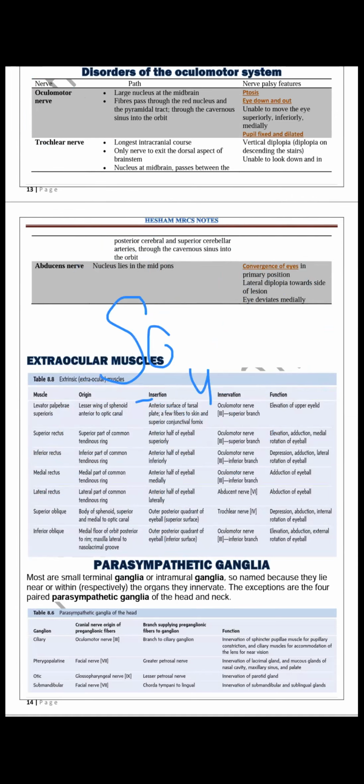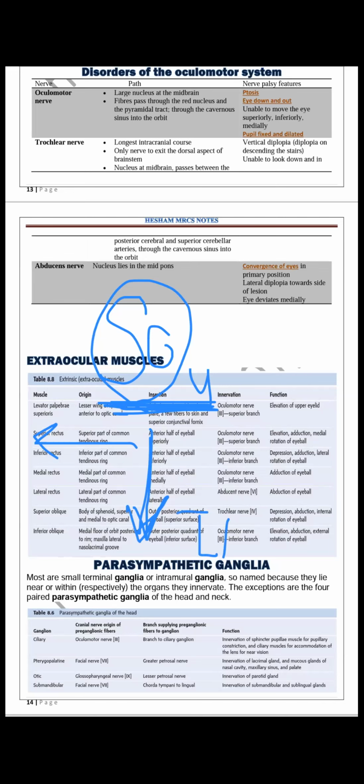SO4 is superior oblique. Superior oblique moves the eye downward and lateral. If superior oblique is paralyzed, downward movement will be kept by inferior rectus, while lateral movement will be kept by lateral rectus, by 6, inferior rectus by 3.